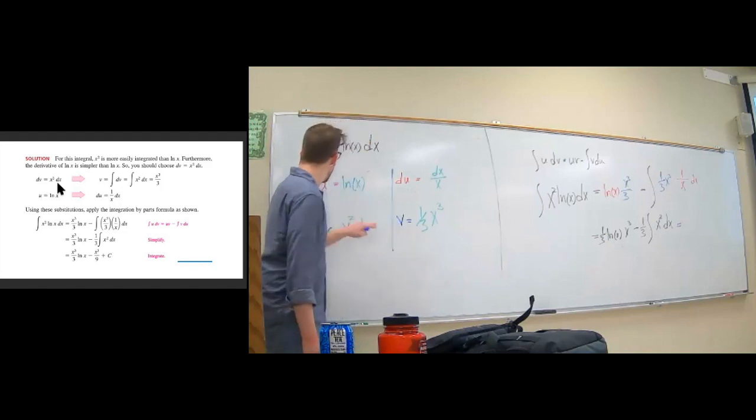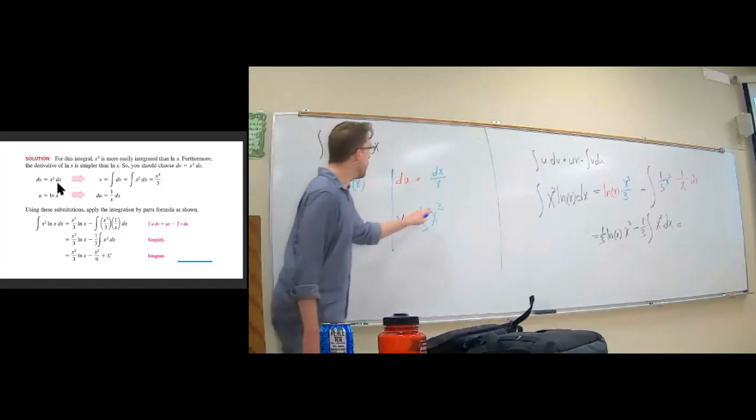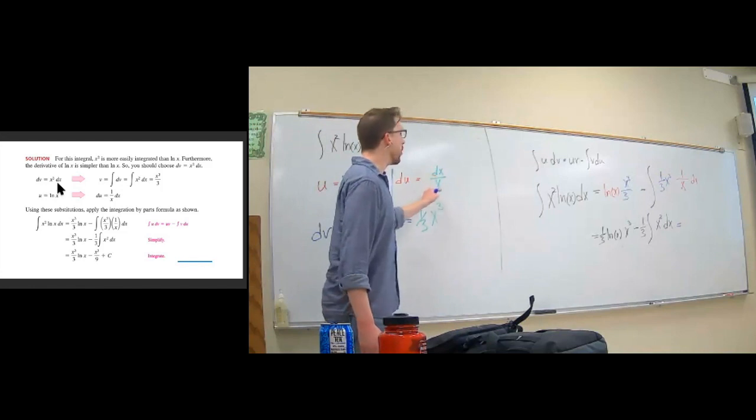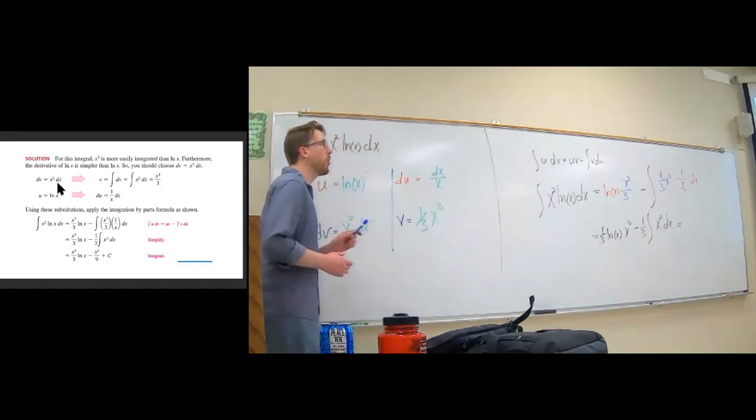Cool. And if u is equal to the ln of x, then du is just going to be the derivative of this thing times dx. The derivative of this thing is just 1/x. So multiplying by dx, we get dx over x. Now, an important point should be noted here.